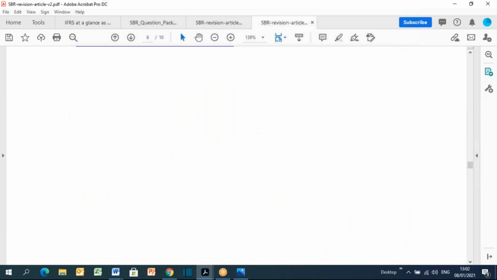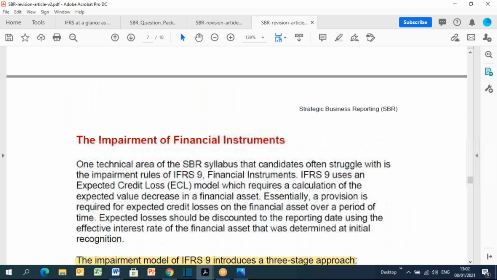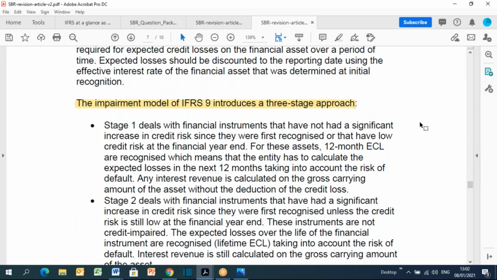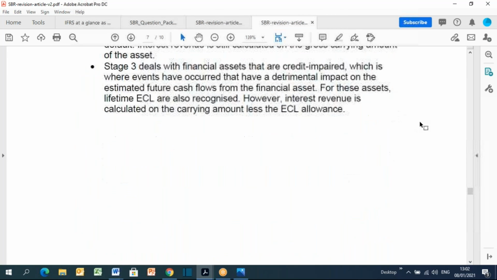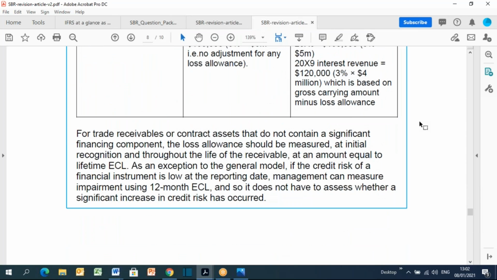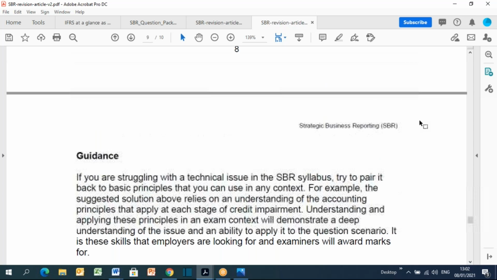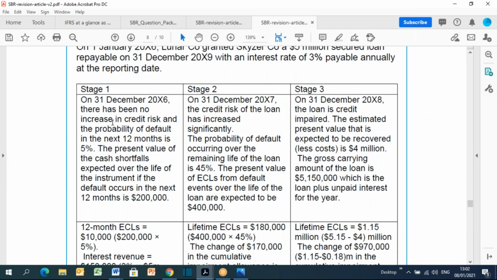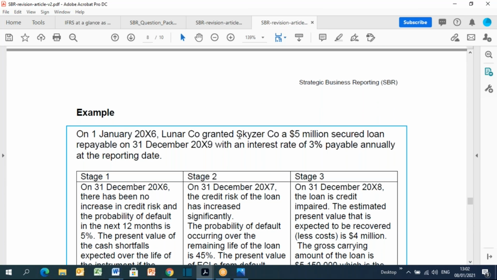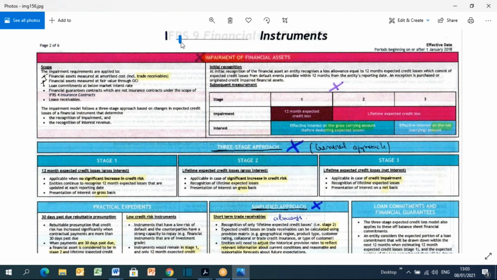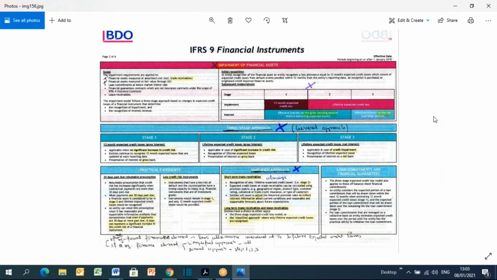And knowing that the students are struggling with the impairment of IFRS 9 and the three-stage approach, it gives an example in here. Based on this example, you will be able to get the standard in your head, and by doing a few more from the past papers, you will understand this standard. So yes, do this. Have a look at the notes that the examiner is giving, and then you will understand the standard.